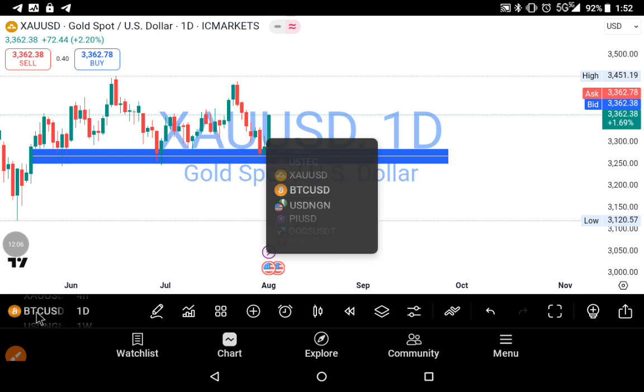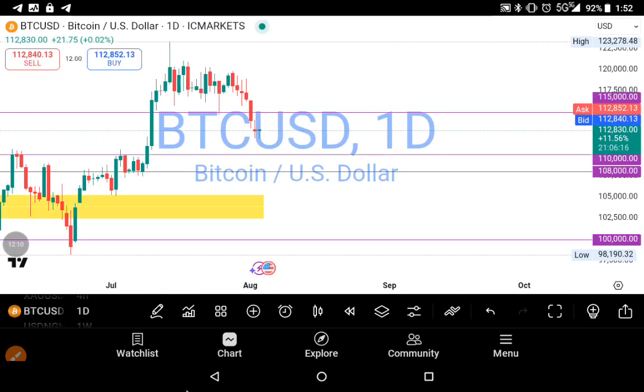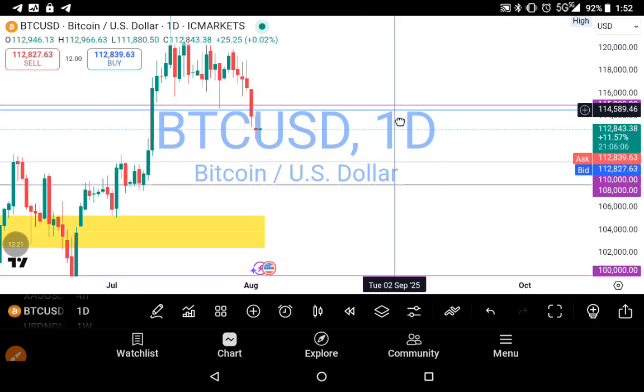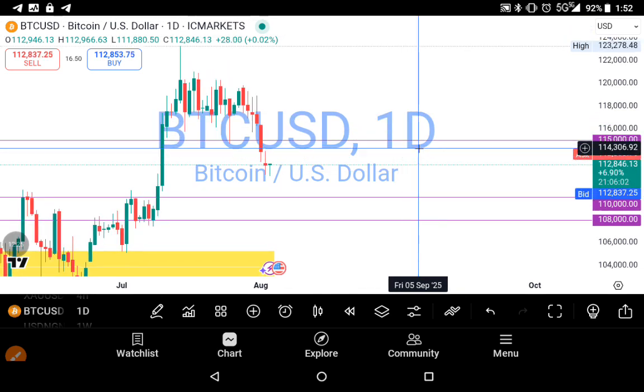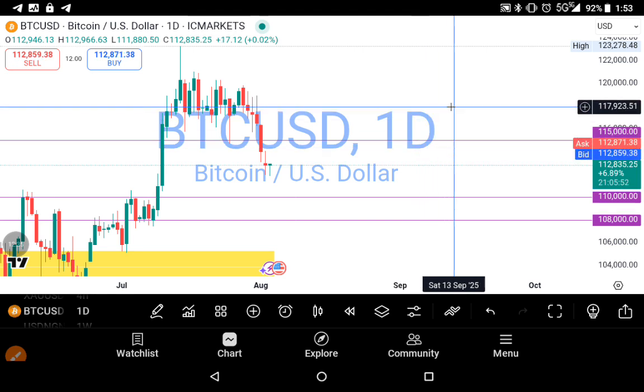To the last but not the least, the BTC. BTC last week I was interested in the level 115,000. If the market price stays above 115,000, we should be able to see the level 120,000 being raided.